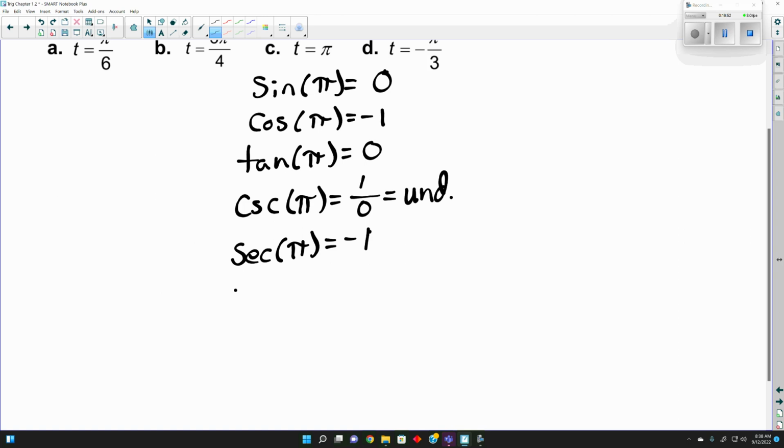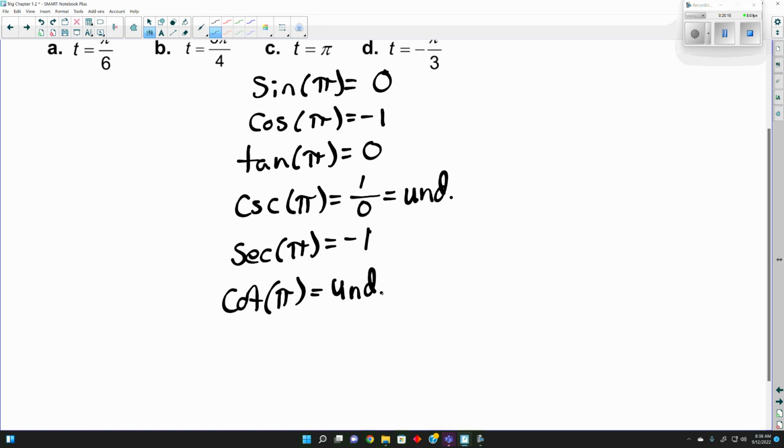And that brings us to cotangent. What do we think cotangent of pi is going to be? Come on. It's also undefined. Because tangent's what value? 0.